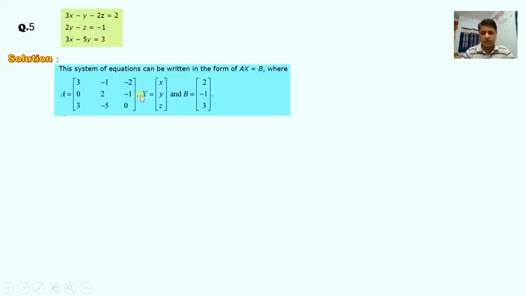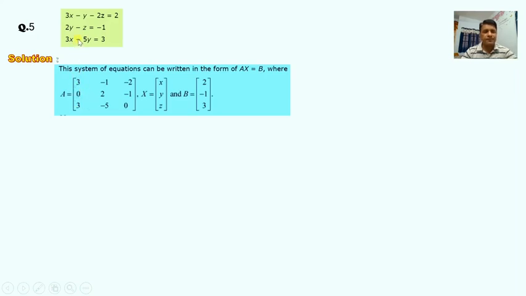So we can write this question in this format where A is equal to all the coefficients. Now look here, 3 minus 1 minus 2, but in the second equation the variable x is missing. In the third equation the variable z is missing. So what does it mean? When the first position x is missing, in place of that we will put 0.